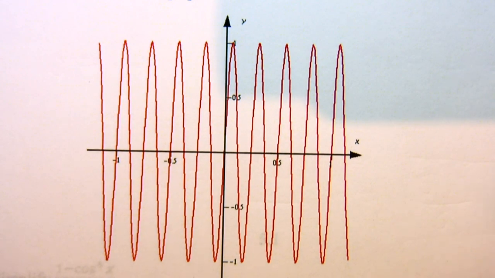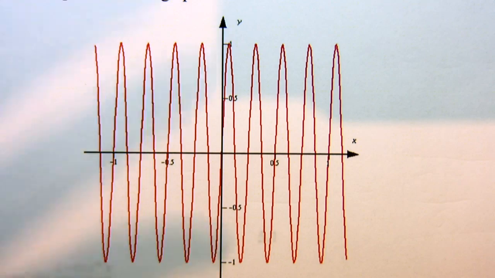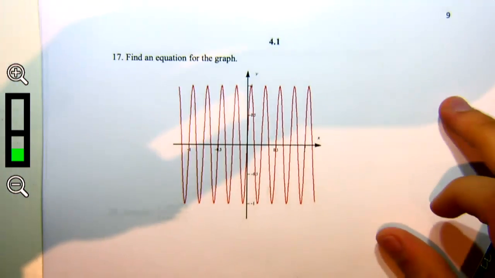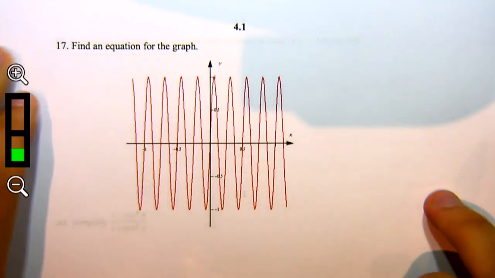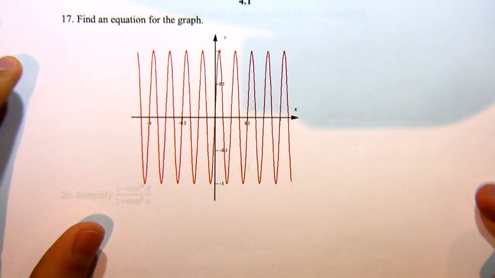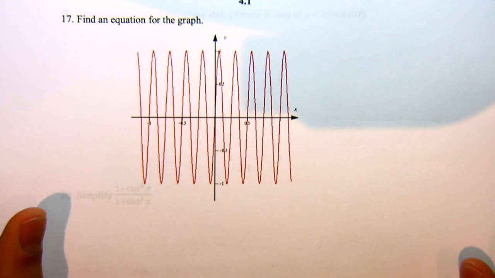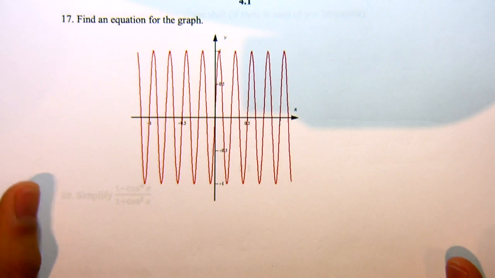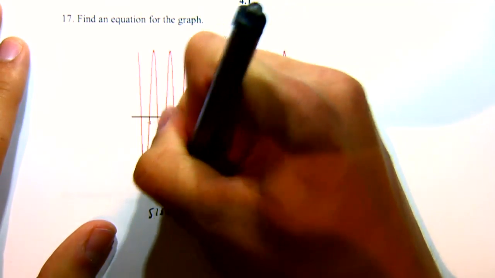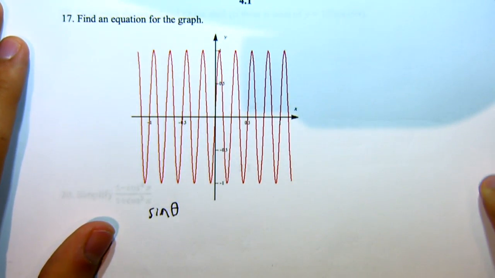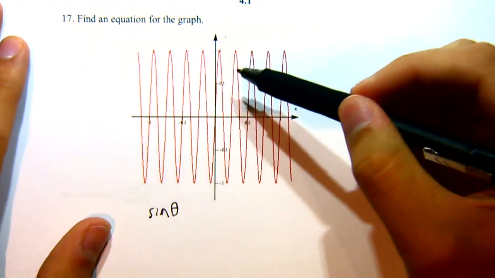All right. So go ahead and zoom out. Looking at this graph, what kind of trig function does this look like? Sine? All right, good. So this looks like a sine function. And what is our amplitude in this function?